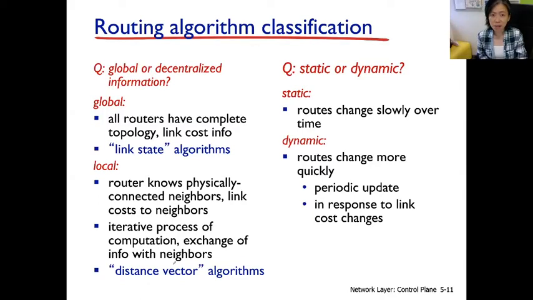On the contrary, in distance vector, the routers no longer require global information. The routers also do not do one-pass route computation. Rather, the router only needs local information, namely, a router only needs to know how it's physically connected to the immediate neighboring routers and the link cost to the neighboring routers.